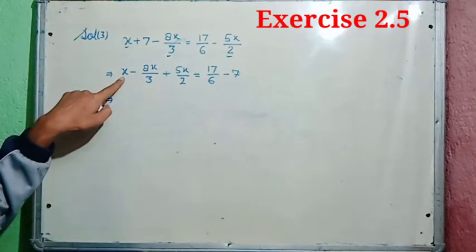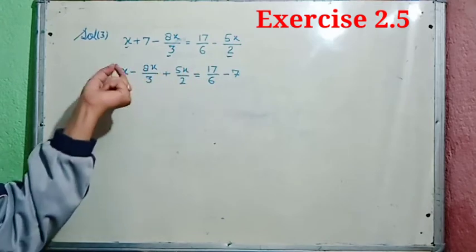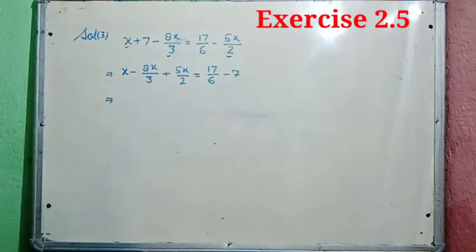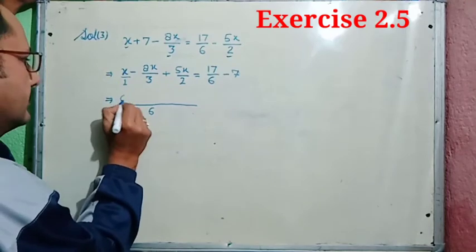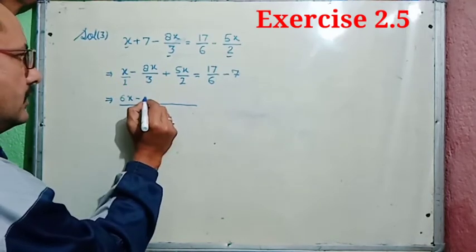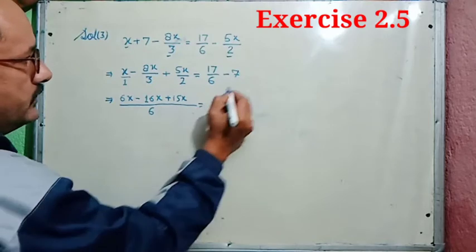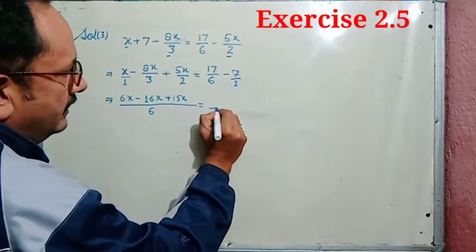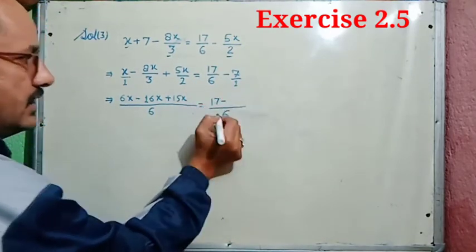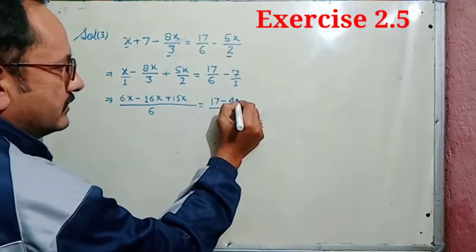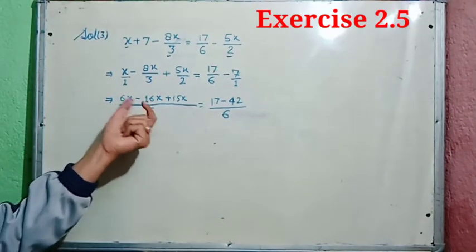You can assume this x as x divided by 1 because we are adding fractions, so we can replace this x to x upon 1. 6 will be LCM. 1 6s are 6x, minus 3 2s are 2, 8 are 16x, 2 3s are 3, 5s are 15x is equals to, here we can assume 1 as denominator, we will get 6 as LCM, 6 1s are 6, 170 are 170, minus 1 6s are 6, 6 7s are 42, like this, right?